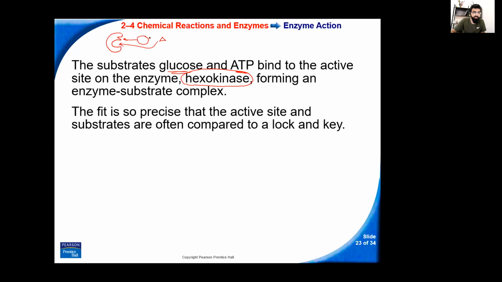So the ATP and glucose react faster, right? What do we call this enzyme, which is specific for glucose and ATP only? Only glucose and ATP can bind on it. Got it? What do we call this enzyme? Hexokinase. Anytime you see ASE, this is the name of an enzyme. Hexokinase.